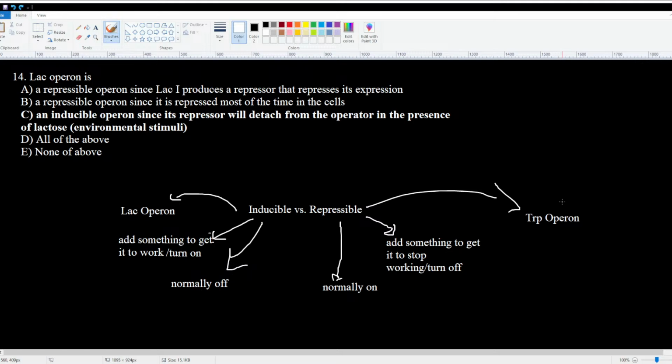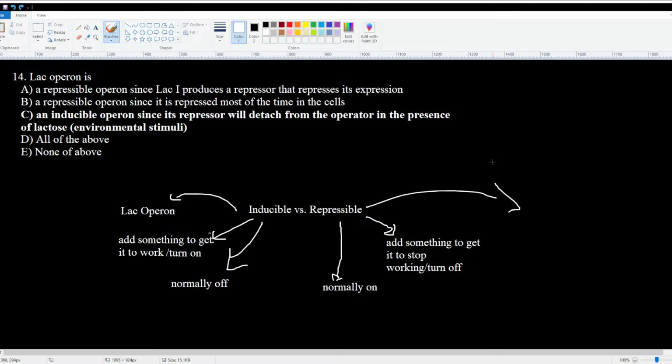That being said, the trp operon, trp is short for tryptophan. Tryptophan is an amino acid that is pretty much always needed within prokaryotes, and in the case of most proteins, as a matter of fact. So we need tryptophan to be made. However, once we've made enough tryptophan, tryptophan acts as a cofactor for the tryptophan operon.